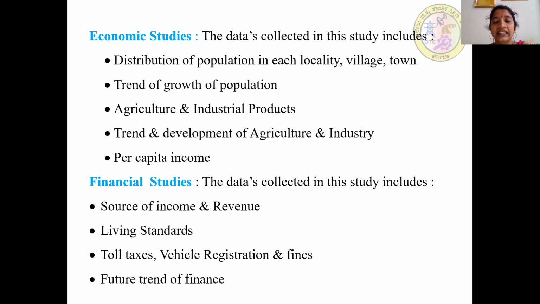The data collected in economic studies are distribution of population in each locality, village, and town. Next, trend of growth of population, agriculture and industrial products, trend and development of agriculture and industry, per capita income.